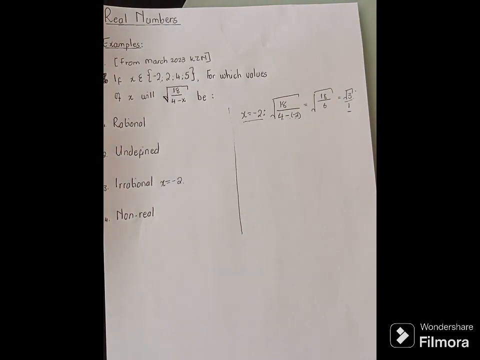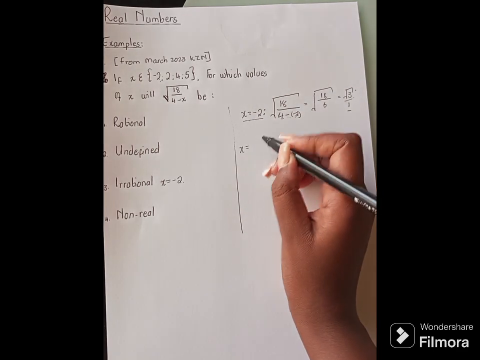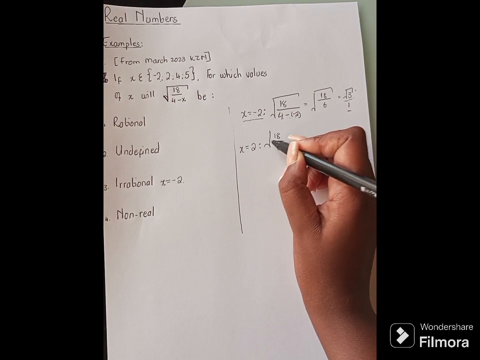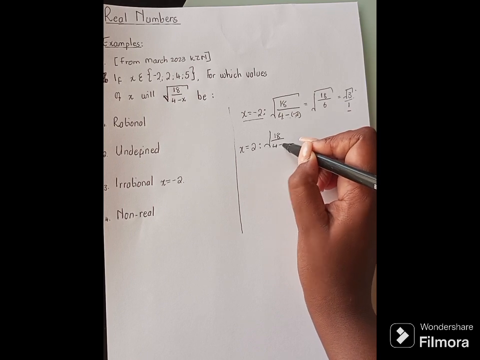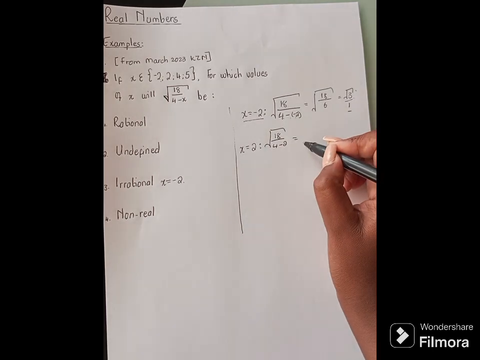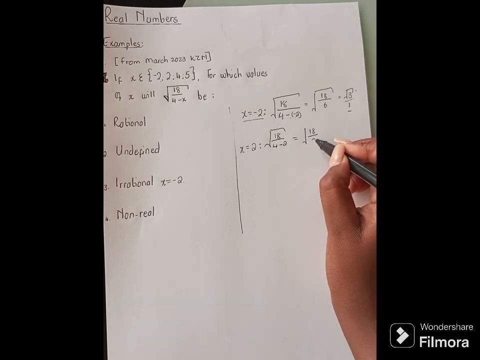You see? Okay, then let's move on to the second number. When x is equal to 2, what happens? We have 18 over 4 minus 2. What does it give us? 4 minus 2 is 2.